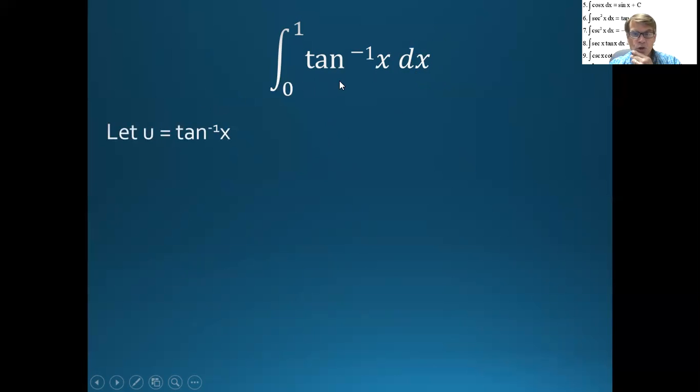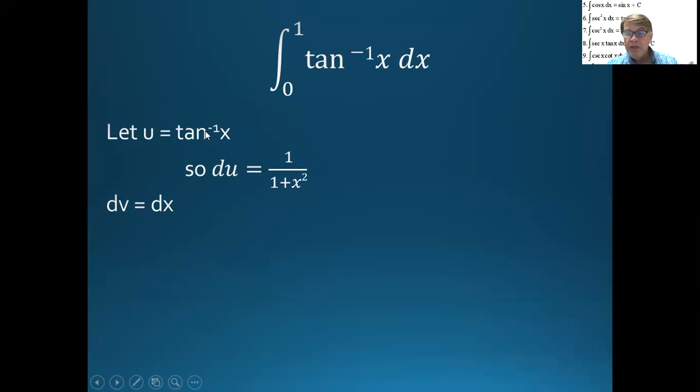So I'm going to let u equal the inverse tangent of x, and I'm going to let dv equal dx, right? Okay, so u is inverse tangent of x, and dv is going to be dx.